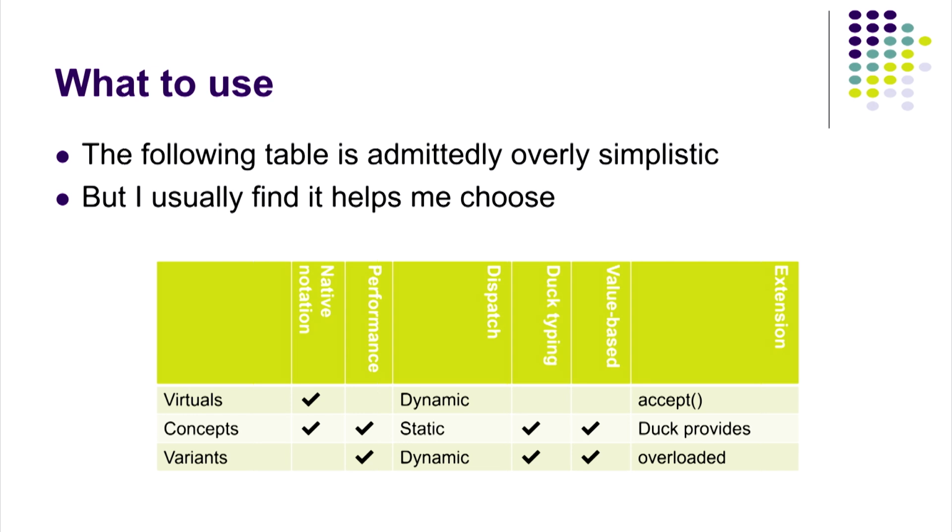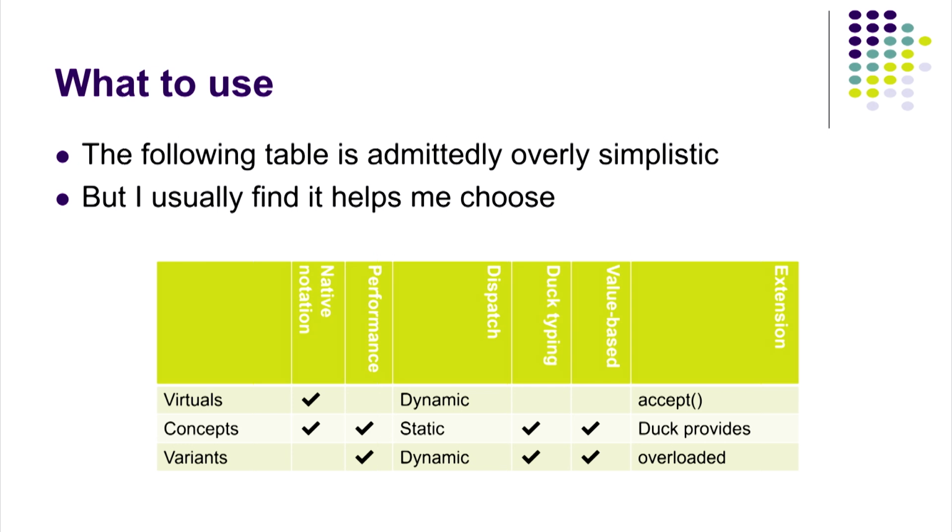And I have a little cheat sheet I keep in my head that says, what's the difference between all of them? Do they have a simple built-in notation? Well, virtuals and concepts do. Concepts and variants have the best performance. Concepts are statically dispatched. They use the compile time type.